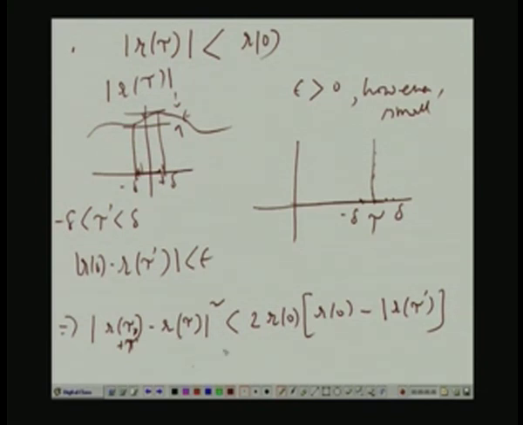So, if I now move to some point tau and take the neighborhood from tau plus delta to tau minus delta, within that neighborhood also, that is why tau prime, as I told you, is varying from minus delta to delta.